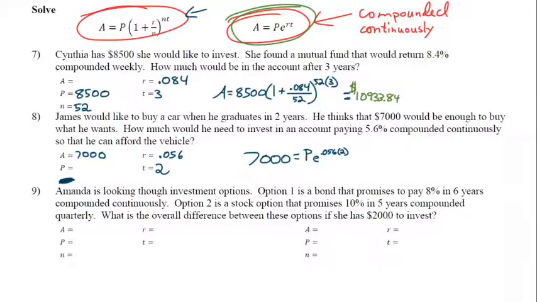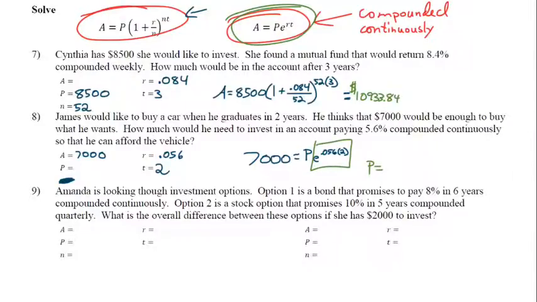Now, since we're solving for P, to get something like this to the other side, you simply need to divide by e to the whatever. So you don't have to rewrite this, just say 7,000 divided by all of this. And your answer, P, equals, go ahead and pause and do it.